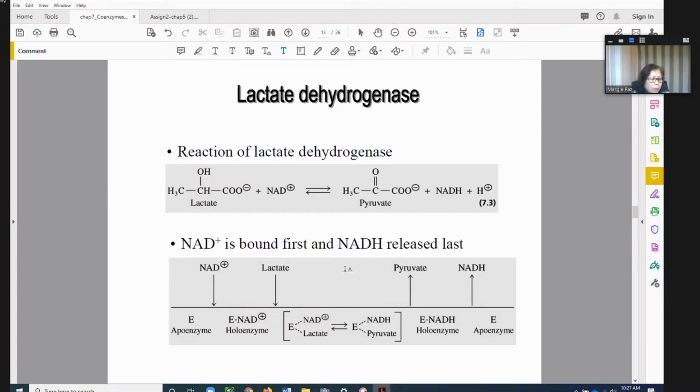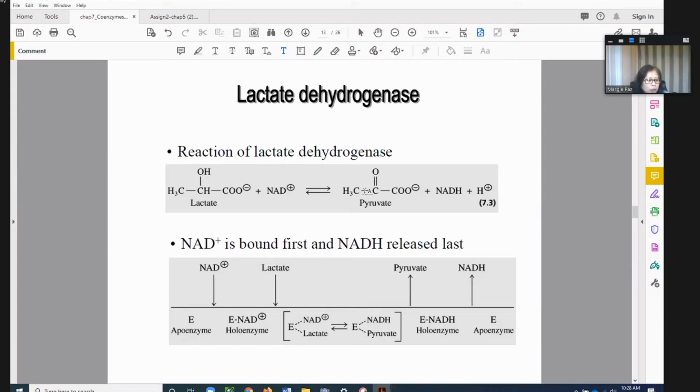One example of an enzyme requiring the NAD coenzyme is that of lactate dehydrogenase. This lactate dehydrogenase enzyme catalyzes the reversible, because we have 2 arrows here, so we have a reversible reaction, the reversible oxidation of lactate into pyruvate.